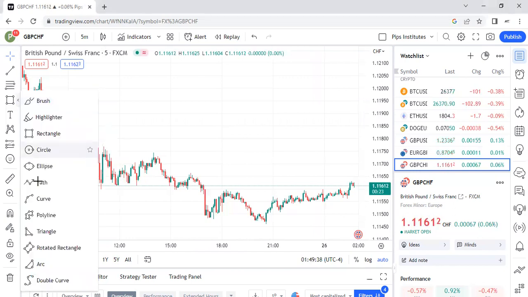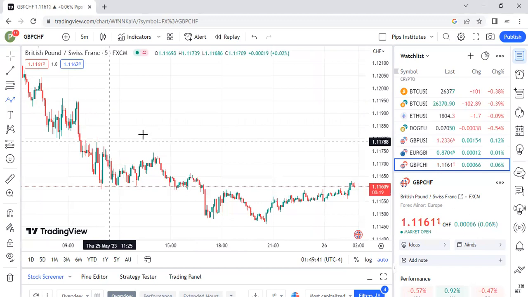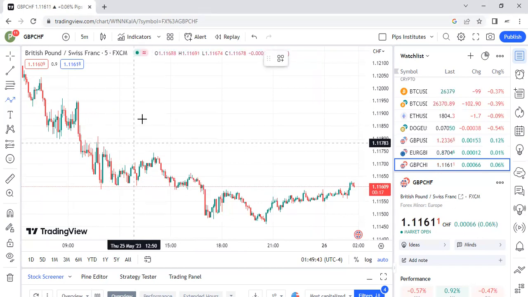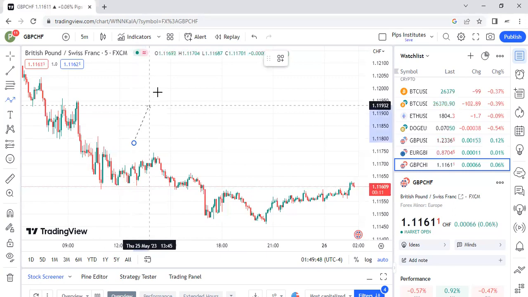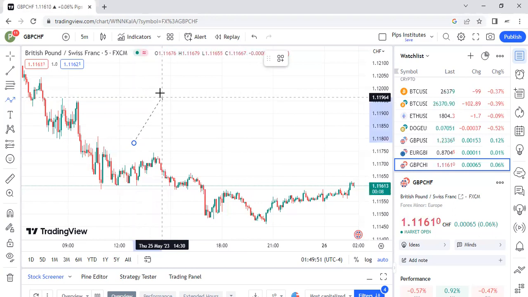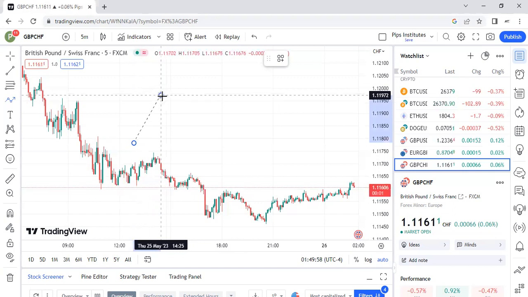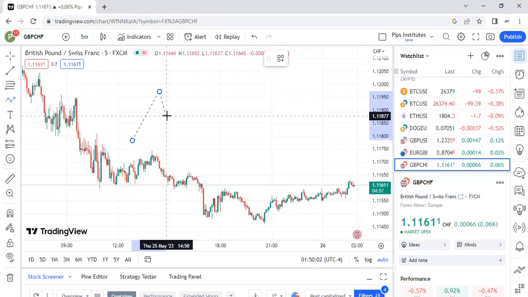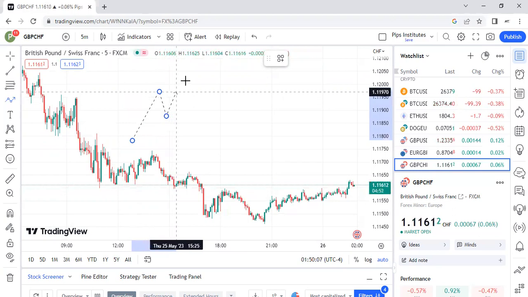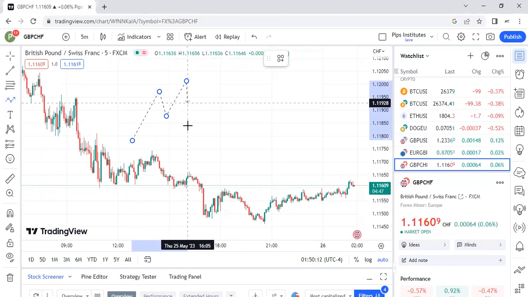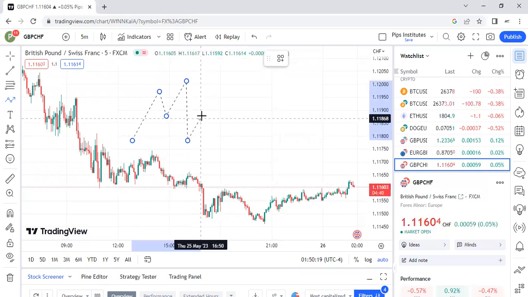Let's assume that the market moves this way, then comes back, then the market comes back down, then moves back up, then comes back down, then moves back up, then moves down.